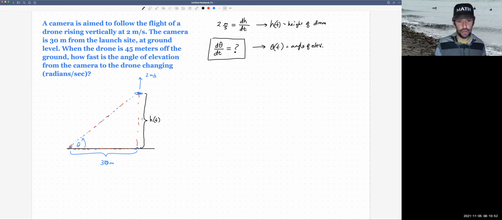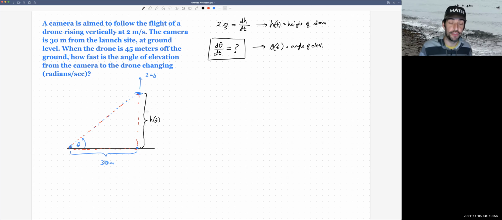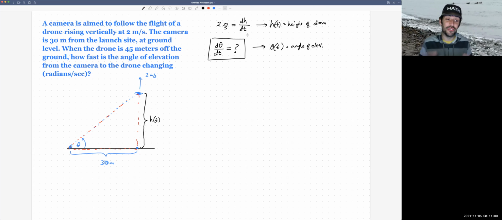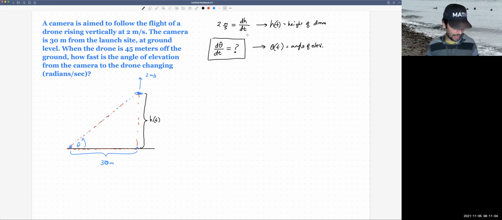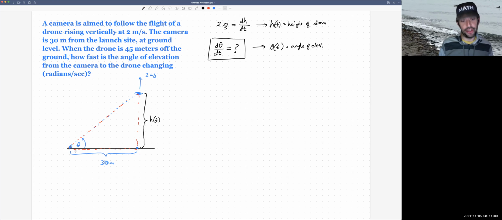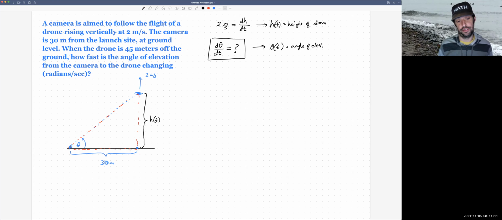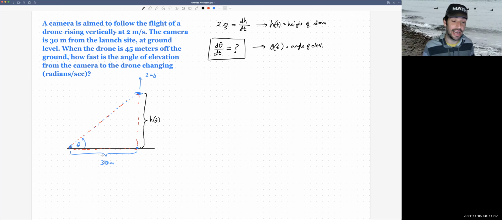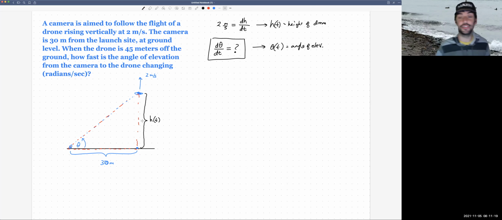I don't know this height function, but it's one of the pieces we have in play. And I know its derivative. So if I can relate the angle function and the height function, I'm in good shape. And I know this horizontal distance. So I've got an angle, and I know some things about the side opposite, and I know some things about the side adjacent.